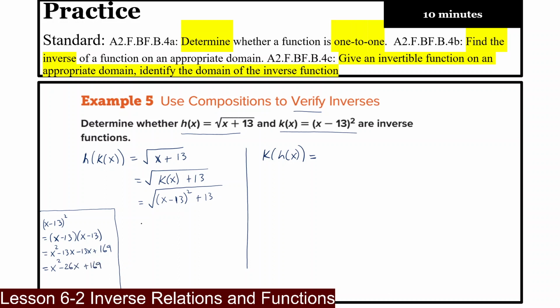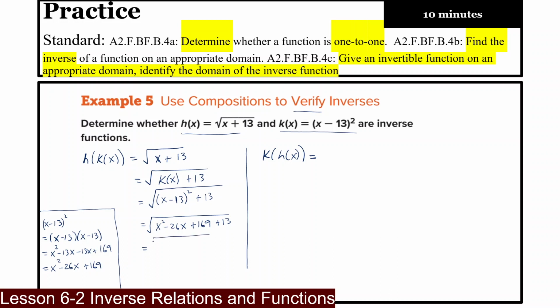Alright, so let's go and replace this. So I'll get x squared minus 26x plus 169 plus 13. Alright, let's see. Is there any simplification I can do? Yeah. 169 and 13, I can add these together.